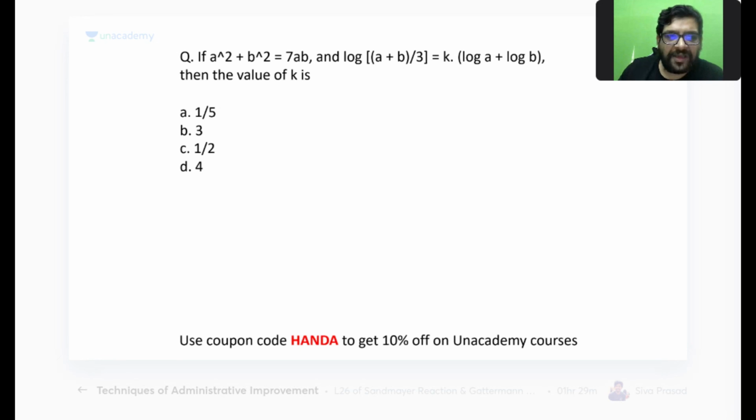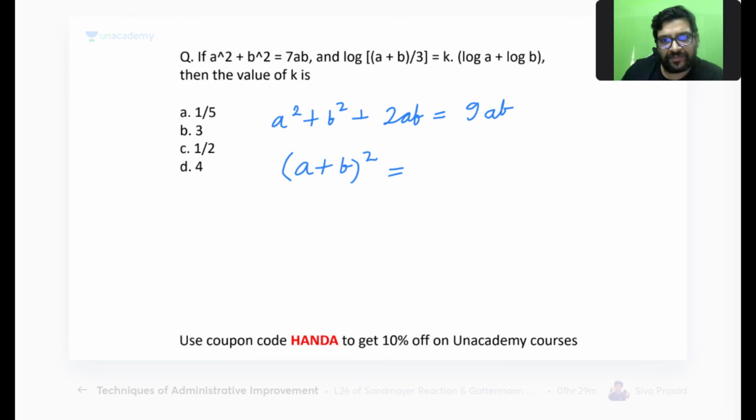Let me give you a clue. A square plus b square is 7ab, which means a square plus b square plus 2ab is equal to 9ab. So a plus b whole square is equal to 9ab.